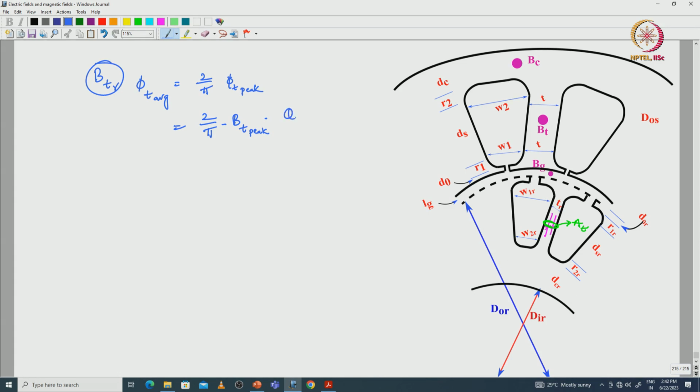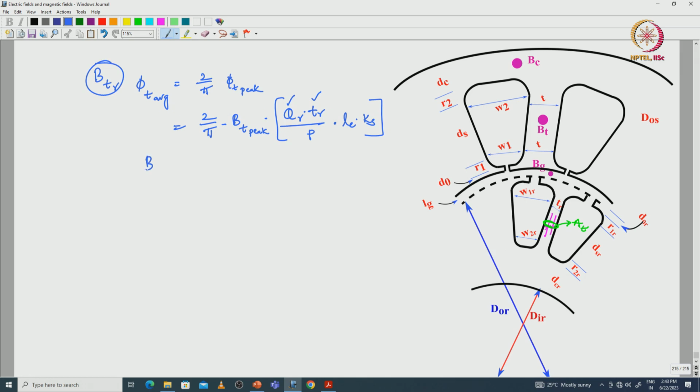X axis will be QR into TR by P, that means number of slots into number of teeth by P, that is flux per pole we are calculating, into y axis length, which will be LE, the effective length of the core, into Ks, the steel stacking factor.